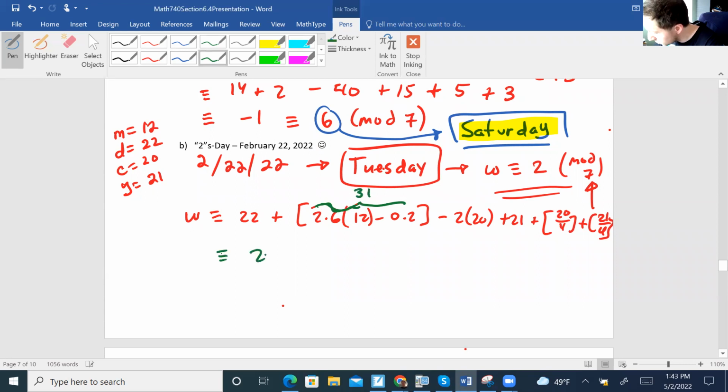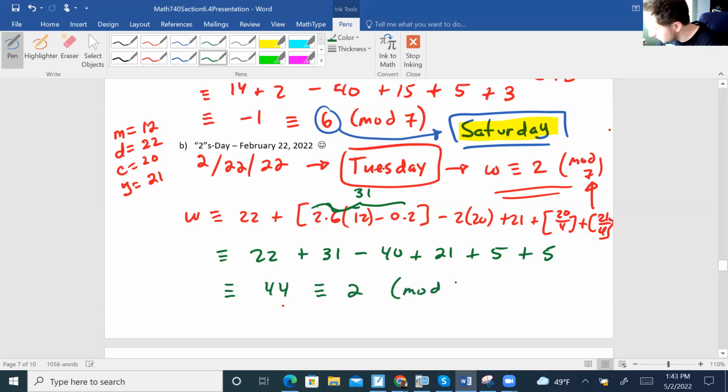So we're actually going to get 22, we don't have to do any rounding, 31 minus 40 plus 21 plus 5, and 21/4 is 5.25, which will round down to another 5 using the greatest integer function. So we get 44, which is congruent to 2 mod 7. And there we go. That confirms that Tuesday did happen to fall on a Tuesday.